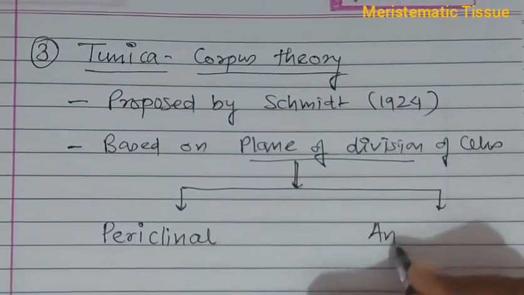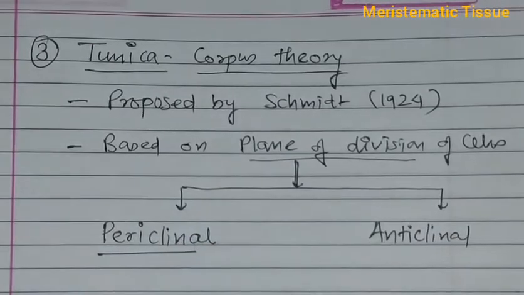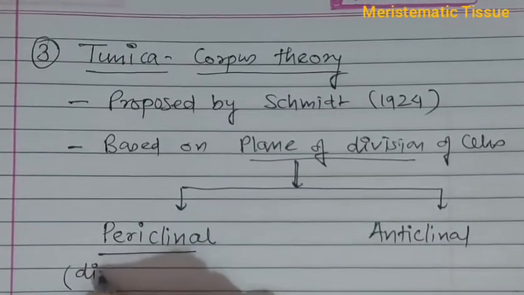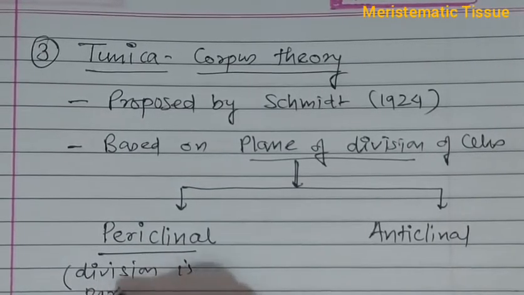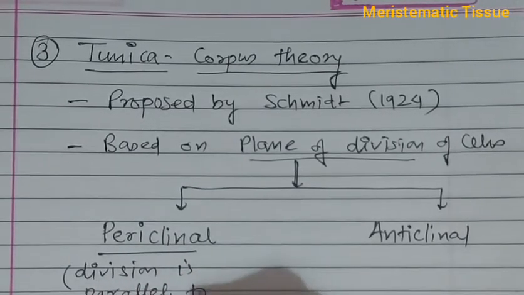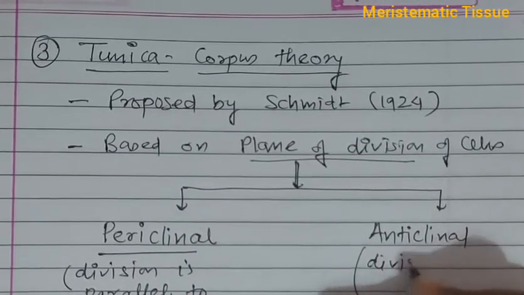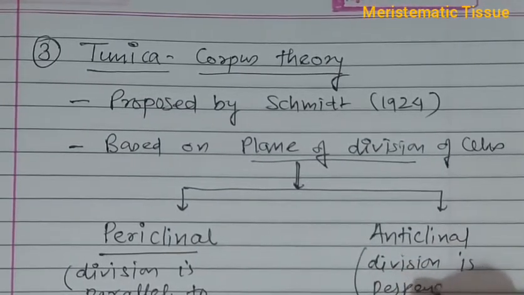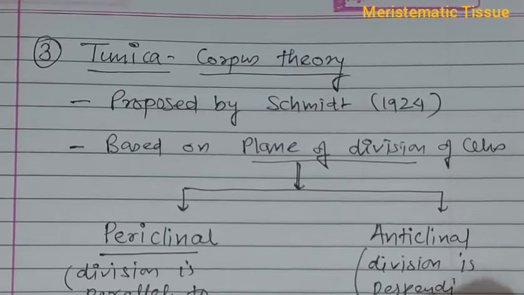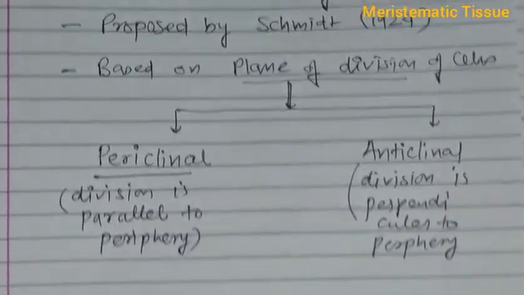That is periclinal and anticlinal. Periclinal division is parallel to the periphery, and anticlinal division is perpendicular to the periphery.